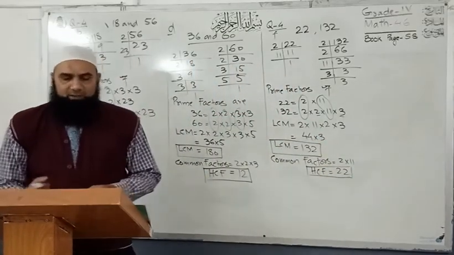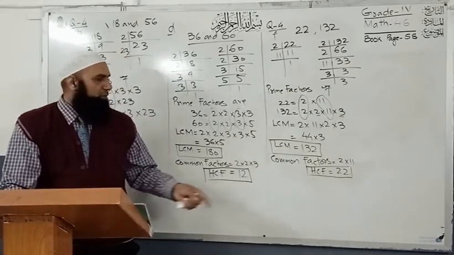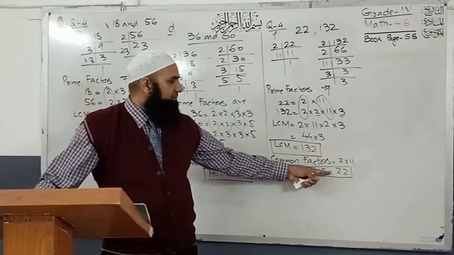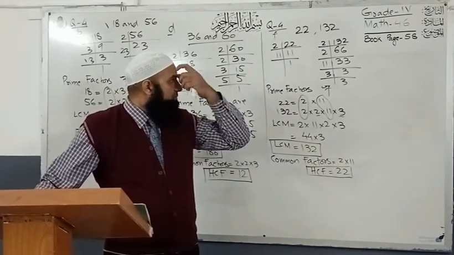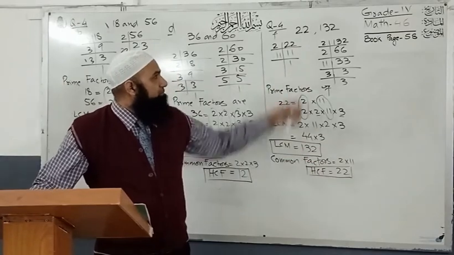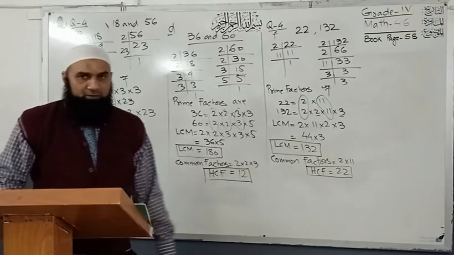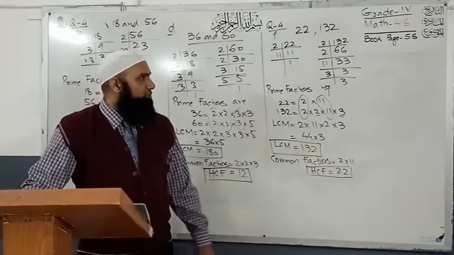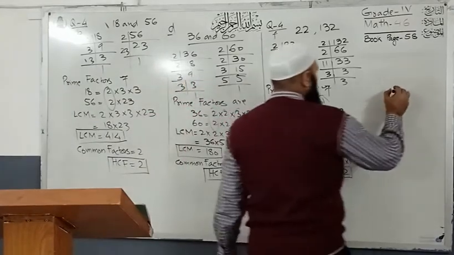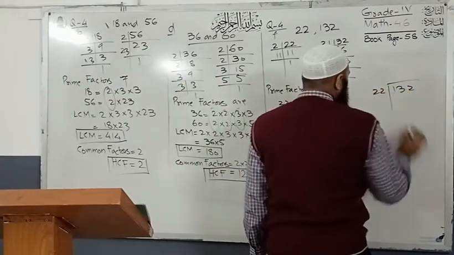To check our answers, we can check that the HCF is divisible by both these numbers. HCF should divide both these numbers exactly. Yes, 22 divides 22, we got 1, and 22 may divide 132 or not. Let's check. 132 divided by HCF 22.